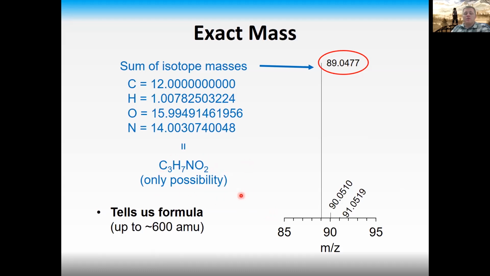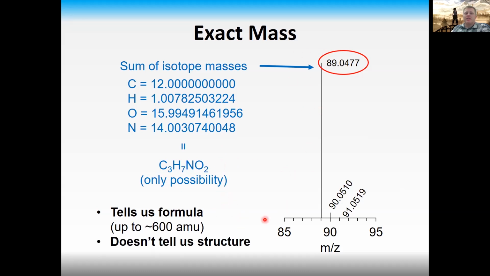But above that, you really don't get much in terms of mass. That's because above that, there just become too many possibilities that can add up, and there's too much uncertainty in the exact mass to get an exact empirical formula.